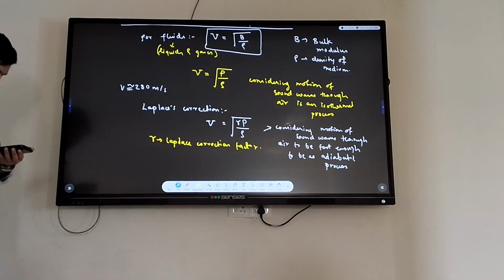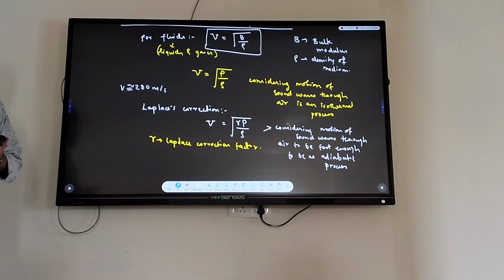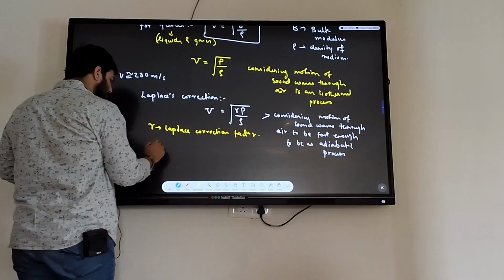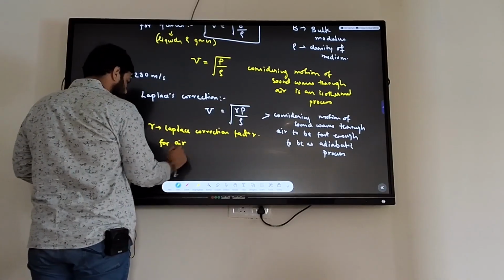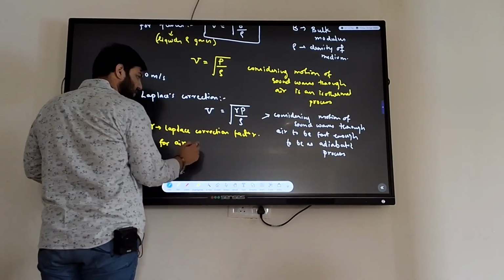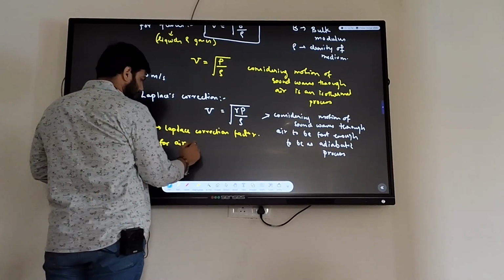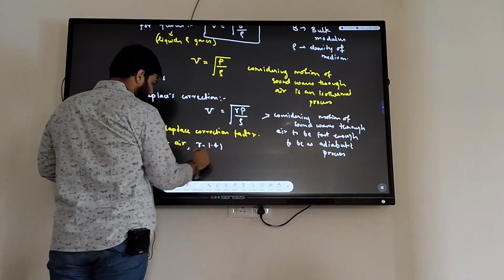Okay? Laplace correction factor, and you can just remember for air, if the wave is going through air, then this gamma is 1.41. Gamma depends on the medium. So for air, gamma is equal to 1.41, medium dependent.